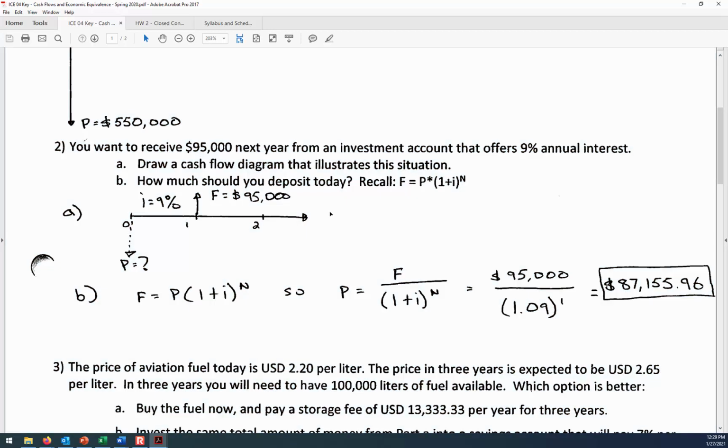Somewhere near the cash flow diagram, it doesn't matter if it's above or below or to the left, we should identify the interest rate. And then here we have this dashed line and P equals unknown question mark to illustrate that that's what we're calculating.